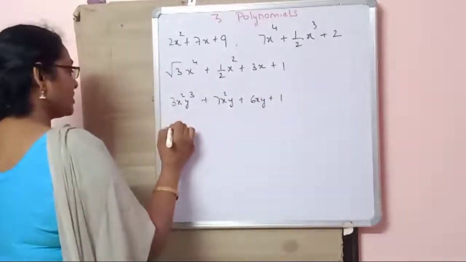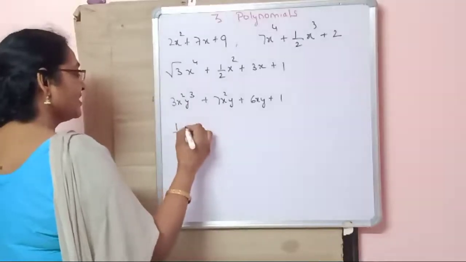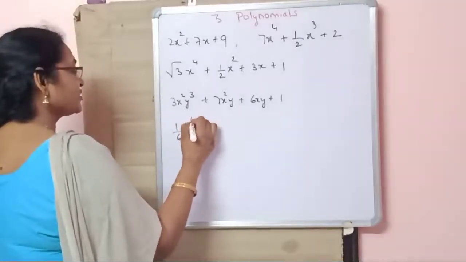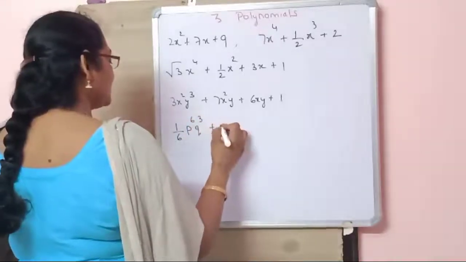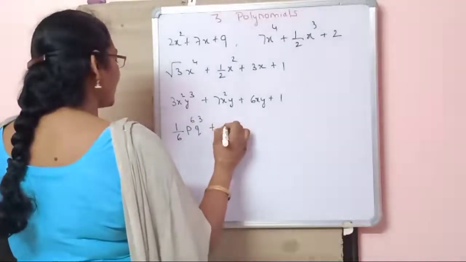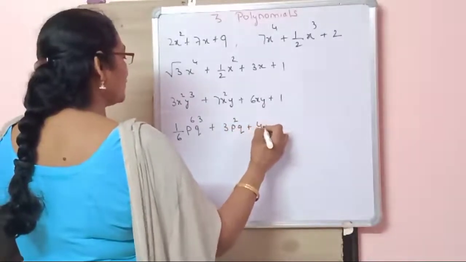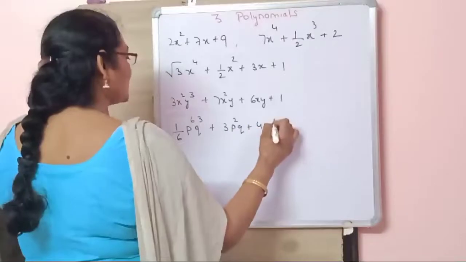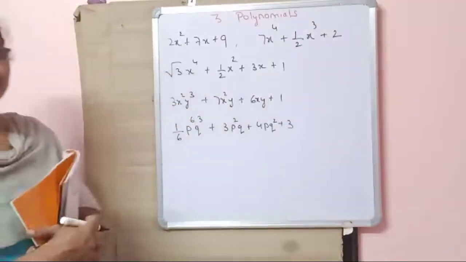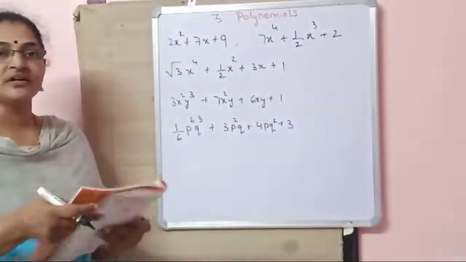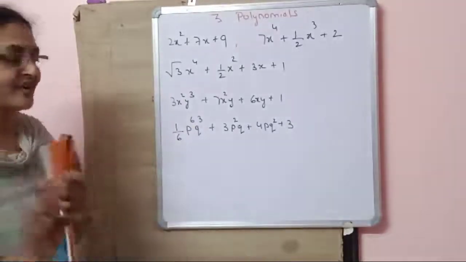Then again you can come across the equation 1 upon 6 p raised to 6 q raised to 3 plus 3 p square q plus 4pq square plus 3. Suppose these are certain equations. Now here, are these polynomials or not, that we have to verify.